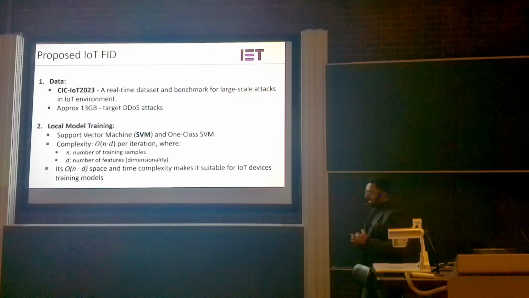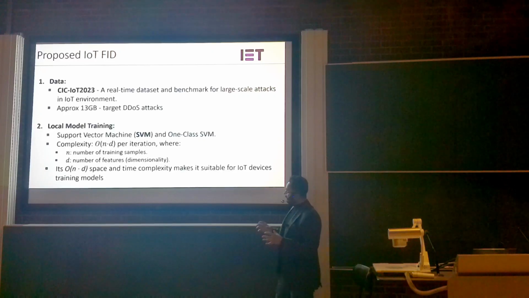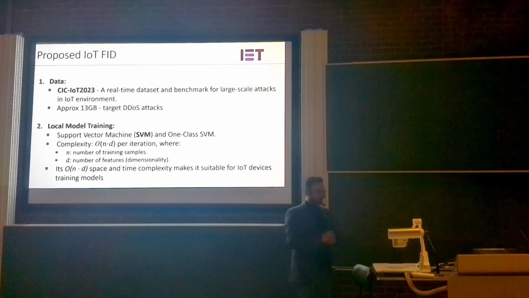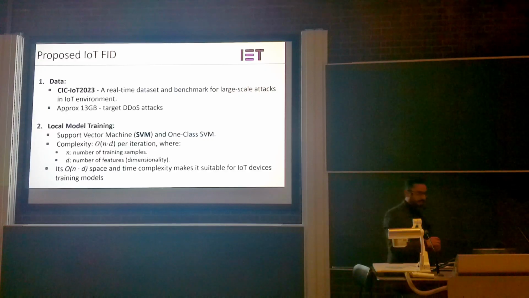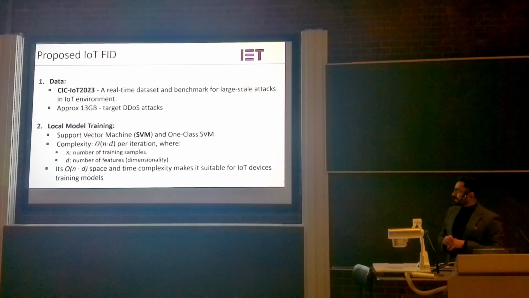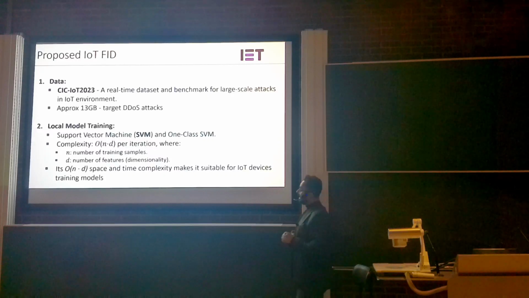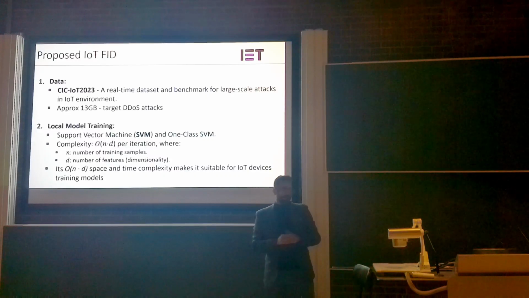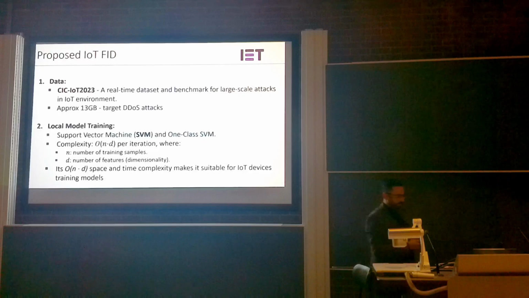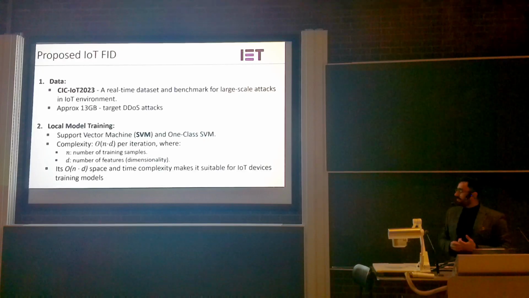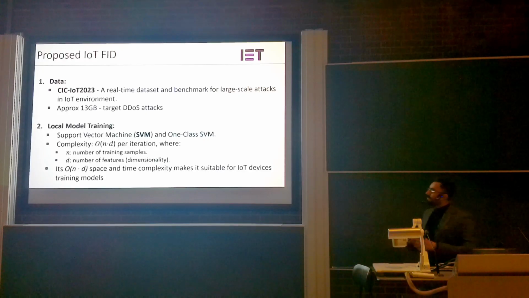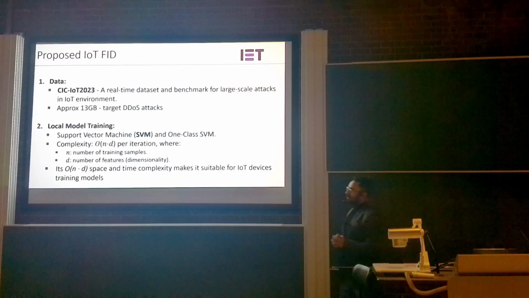So in that area, we have tried to build an anomaly detection system, mainly focusing on DDoS attacks. We used a dataset from the Canadian Institute for Cybersecurity, which is a good enough dataset.